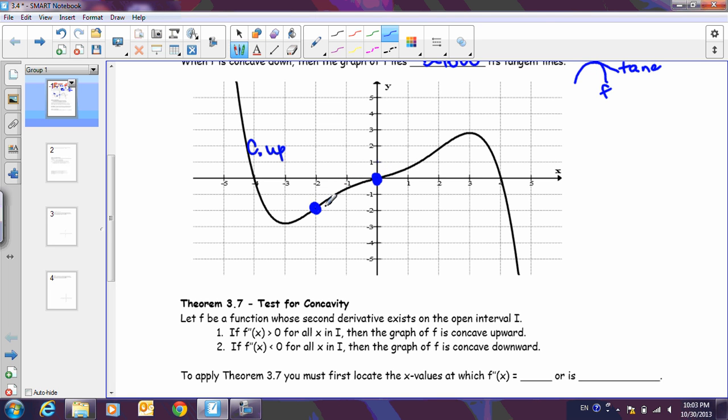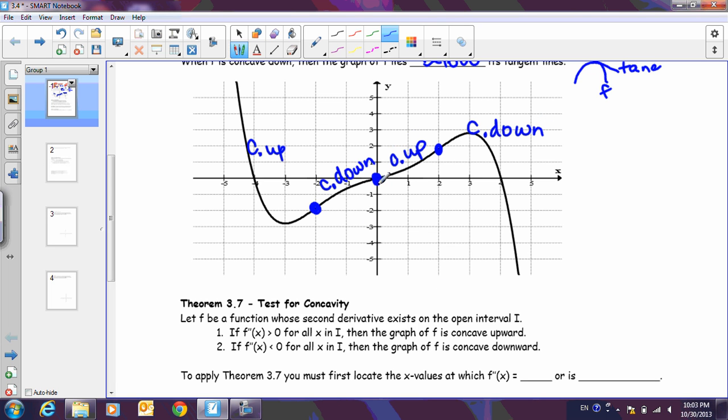This little section right here, the graph is actually concave down. It's subtle, but it is. Right after x equals 0, the graph becomes concave up again, and right about 2 is where it changes. So this part of the graph is concave up, and then the last part of the graph is concave down.